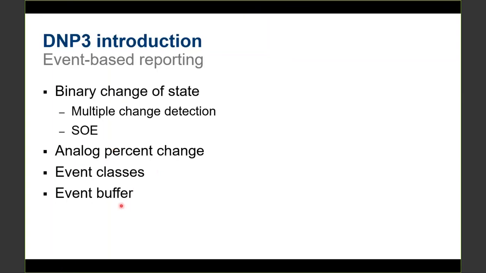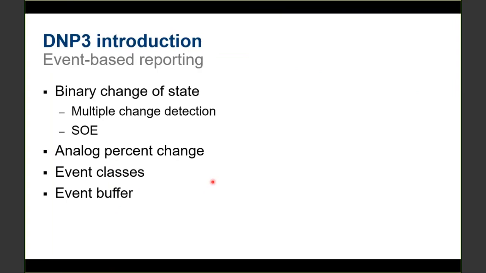This behavior in the DNP protocol avoids consuming bandwidth to transmit data that are not significant to the master station at that time. There are three types of classes available to send events. These classes are Class 1, Class 2, and Class 3. Class 1 has more priority than Class 2, and Class 2 has more priority than Class 3.